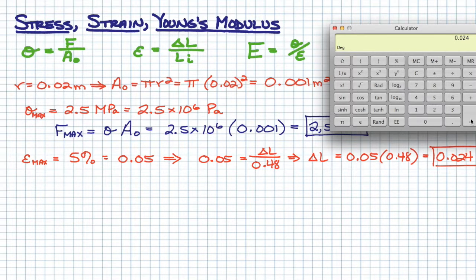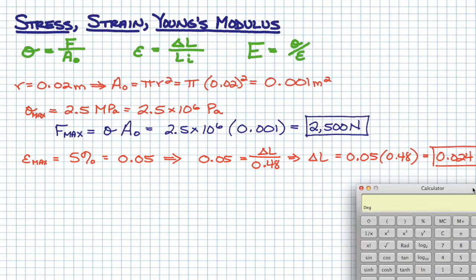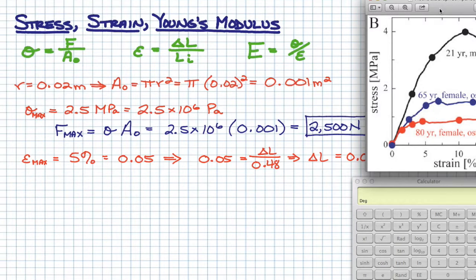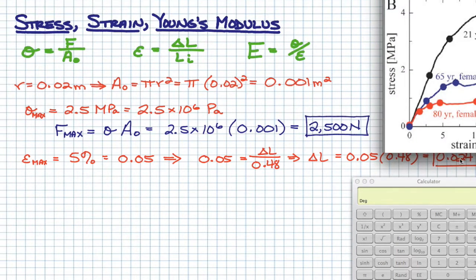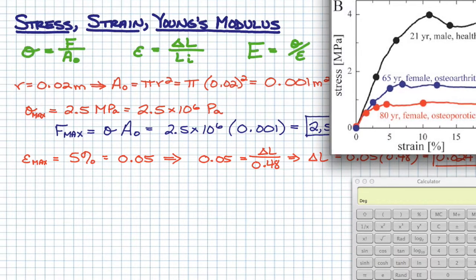So by just reading the information off of our graph and taking a look at the equations we're given, we should be able to figure out at this point the maximum force as well as the change in length of this femur at that point.